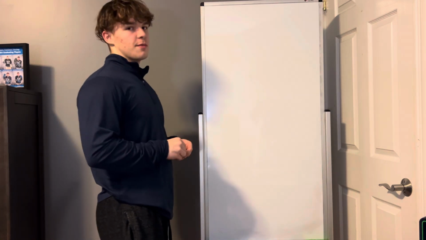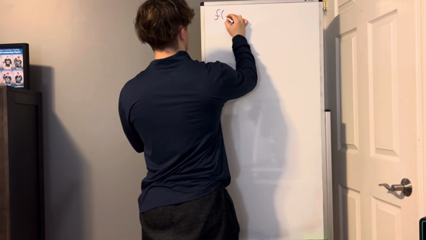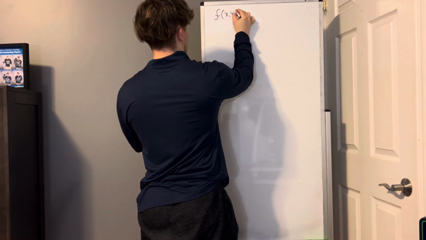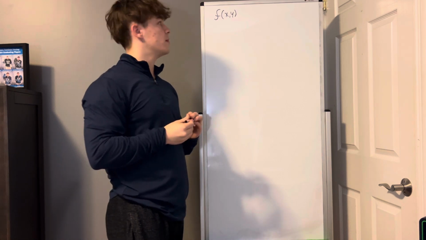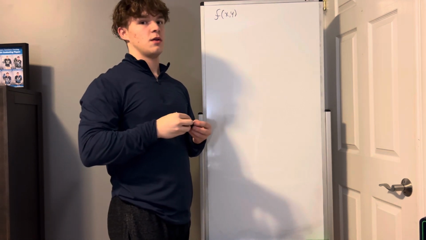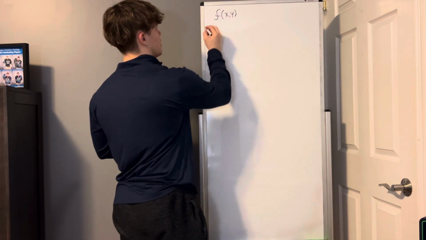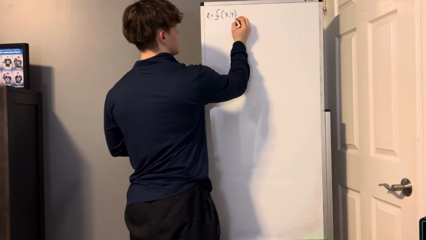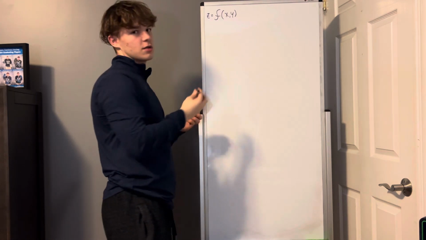So the first example we could have is any explicit function of, say, x and y, or any two variables. It could be a function of x and z, or z and y as well. But remember that usually this means z equals f of x, y.